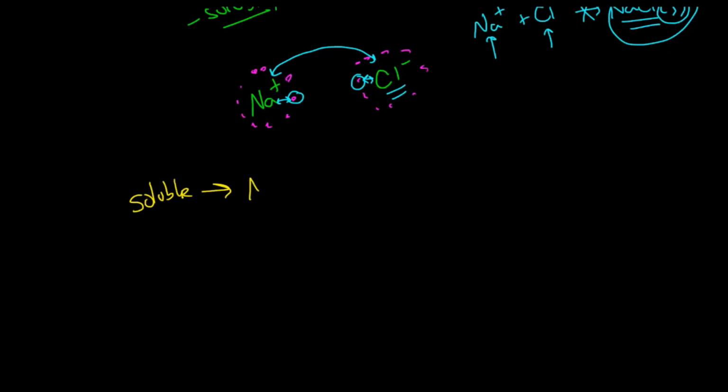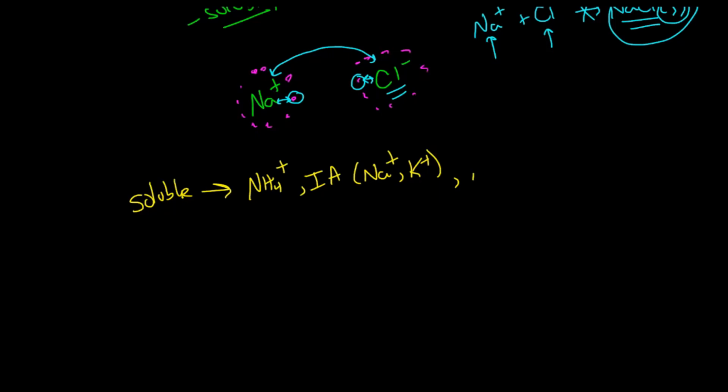If your ionic compound contains the cation ammonium or a group 1A metal, so this would be like sodium or potassium or really any other cation that's found in the first column of the periodic table, then it will be soluble. In addition, if an ionic compound contains some standard anions, they'll also be soluble.